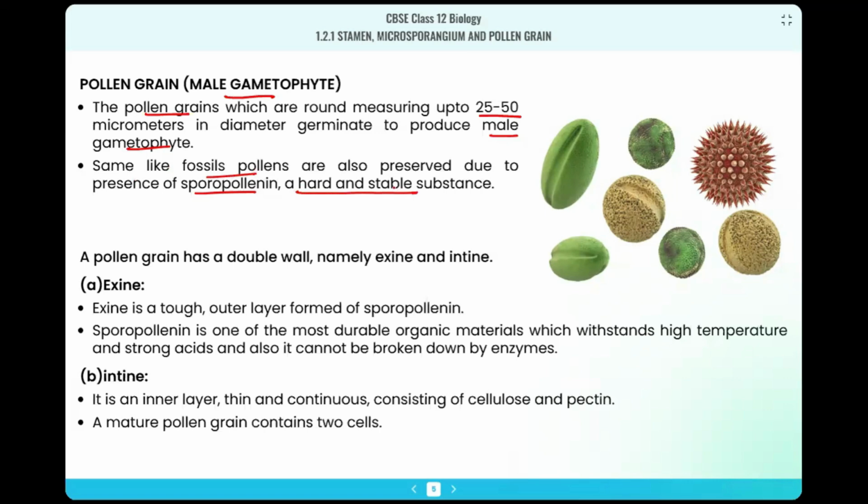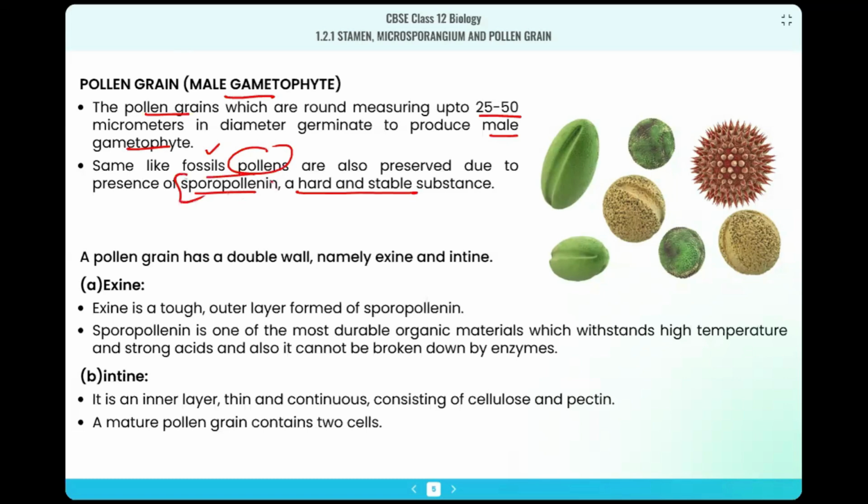So we are able to learn about the species, the history, or the characteristic features of these gametes because of the presence of sporopollenin, which can withstand and last for a long period of time. So like the fossils, the pollens are also preserved due to the sporopollenin.